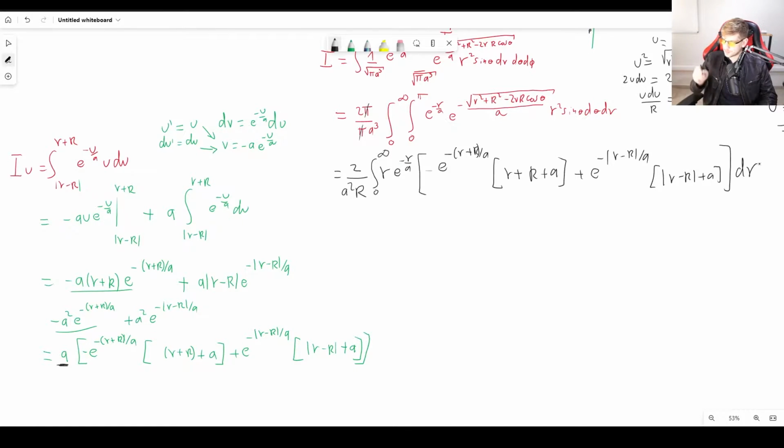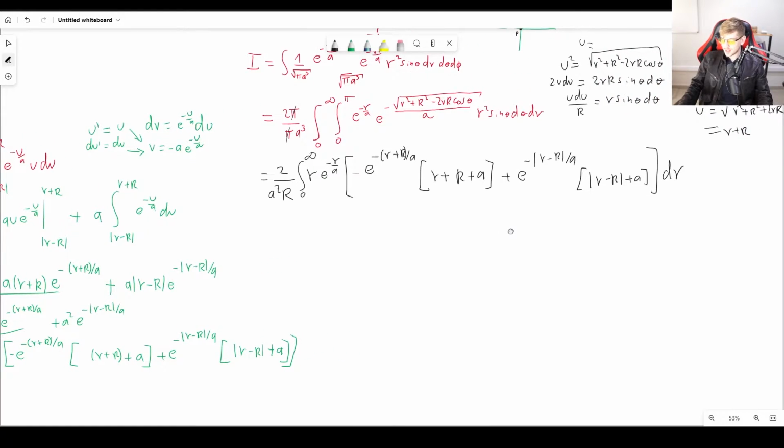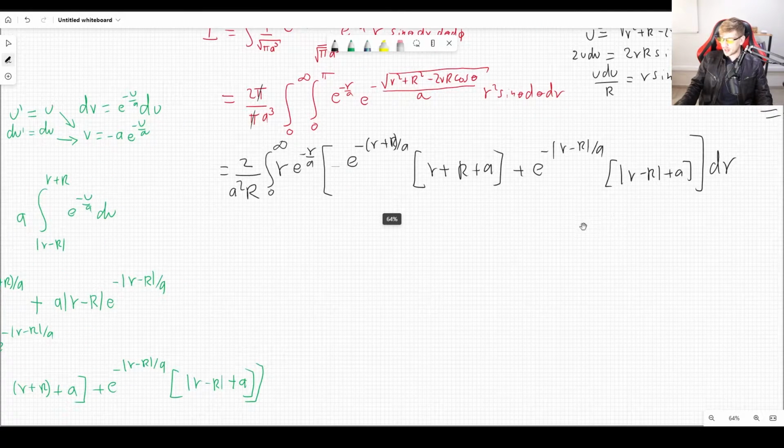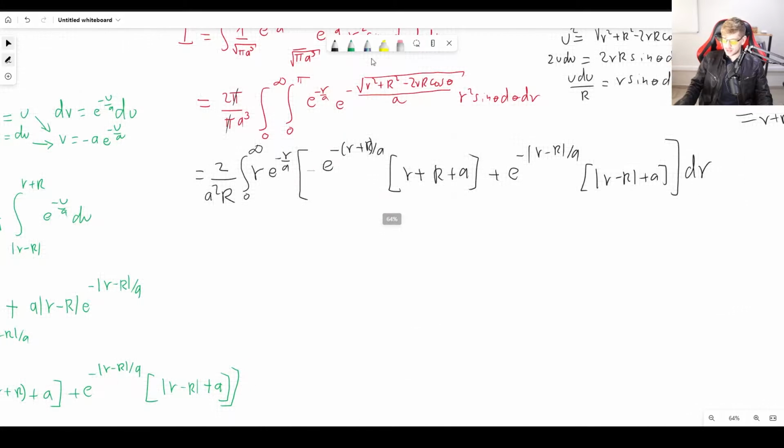The r, of course. Okay, now with this, we can begin solving the r integral. Let me get rid of some of these parts that are protruding. We don't really need it anymore anyways.